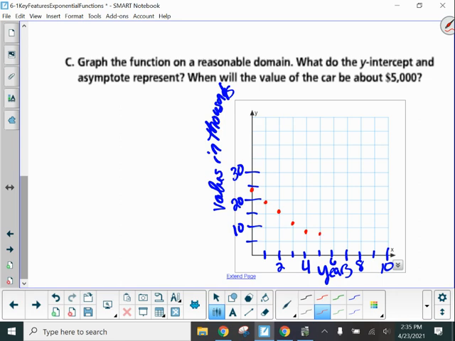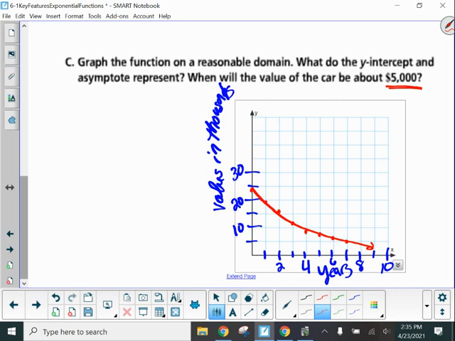So we're about right there. 6 years, and I'm going all the way up to figure out where I'm at this $5,000 mark. So 6 years, I'm at 6,291. 7 years, that's going to put me at 5,033. So it's pretty much right on this line. So you can see it's going about right like that.